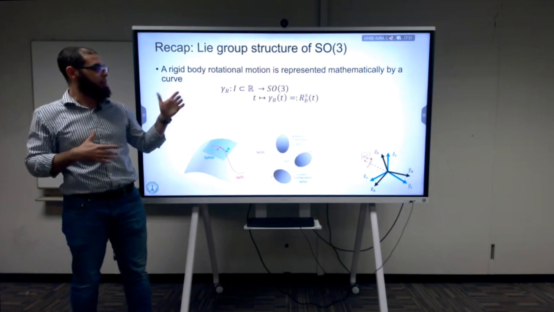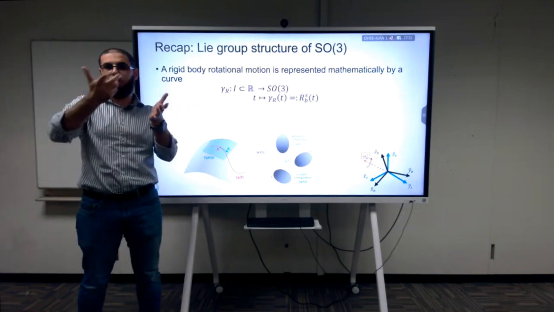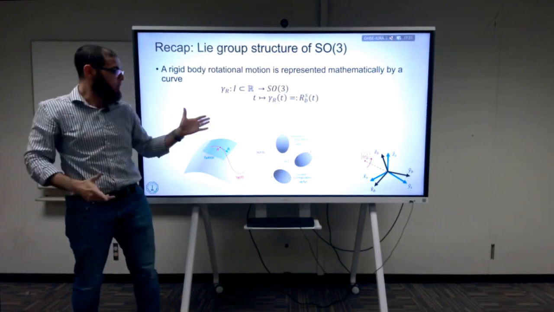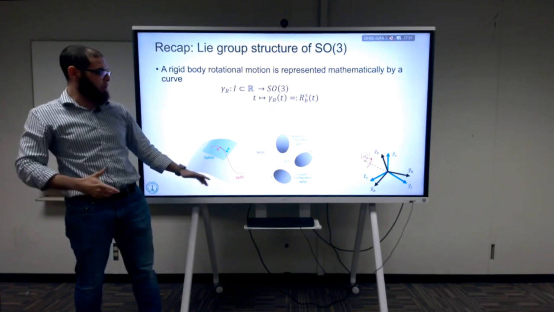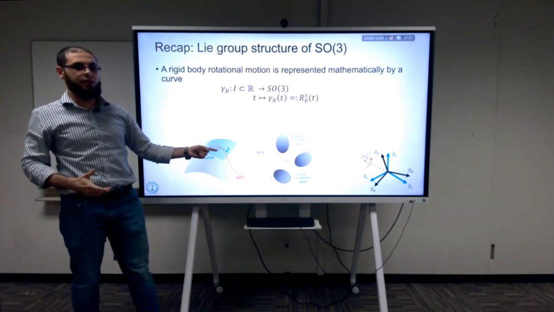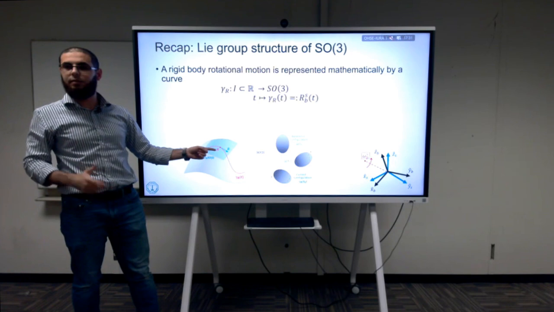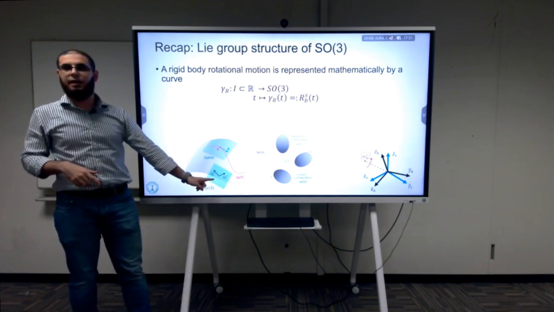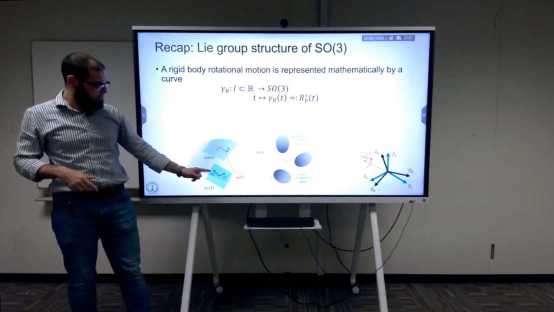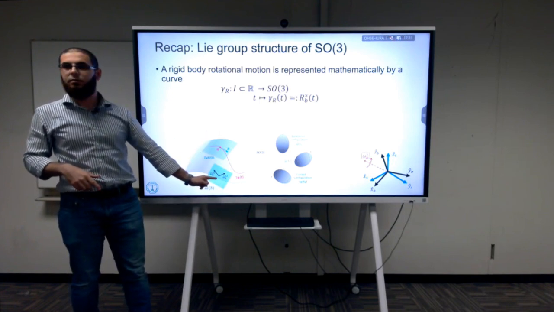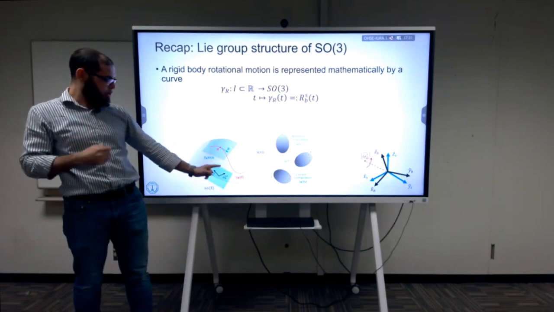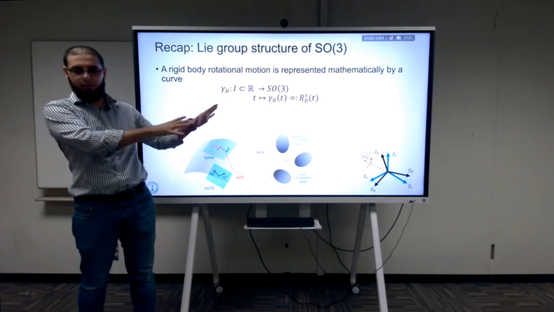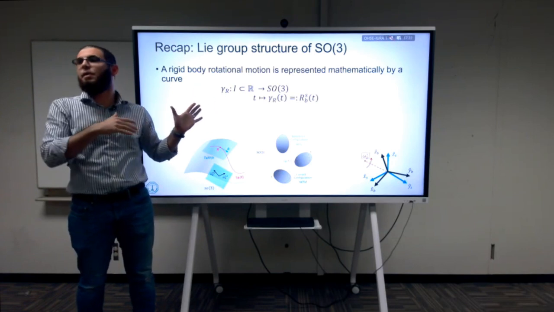This matrix multiplication you're comfortable with, but again, don't forget that this comes from the Lie group structure of SO3. So this movement or this rotation is a function of time. We consider it as a curve on SO3, and this R dot is a tangent vector in the tangent space at this point R. Then we have this special space, which is the Lie algebra, and we translate this vector to this space. So we map this R dot to that space, and this mapping is just matrix multiplication.